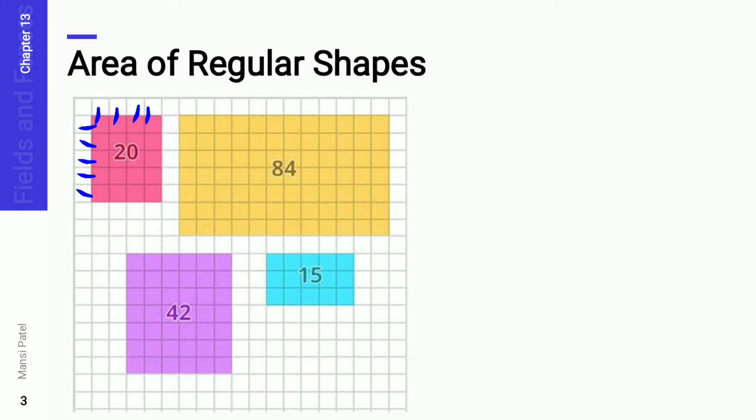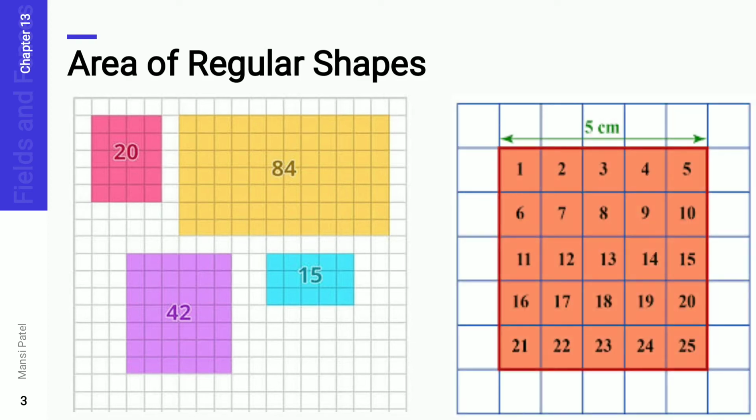So multiply 5 by 4. 5 multiplied by 4 is equal to 20. So the area of this figure is 20 square units. If centimeters are given, then you say square centimeters. Like this way you find out the area of regular shapes.